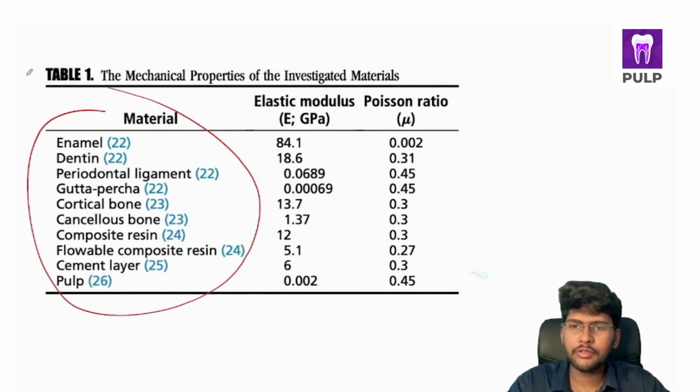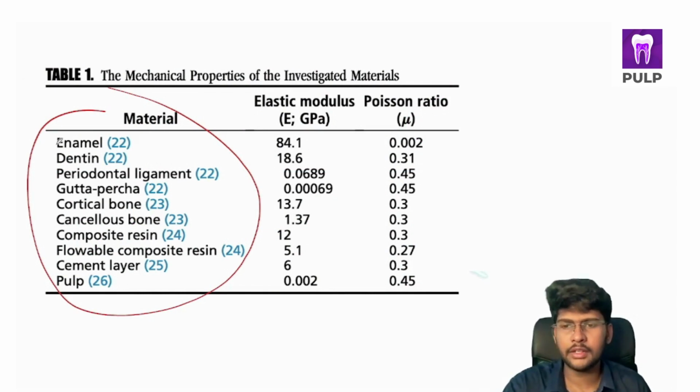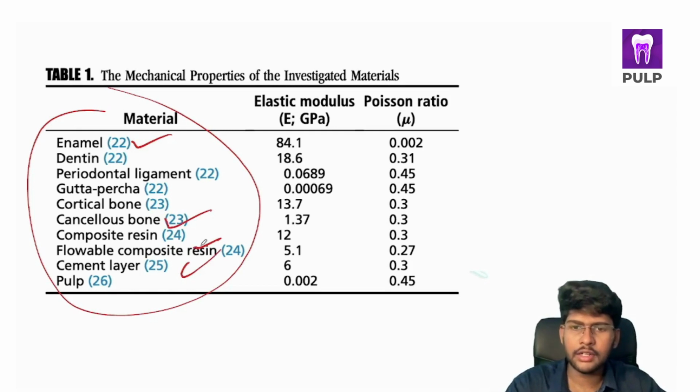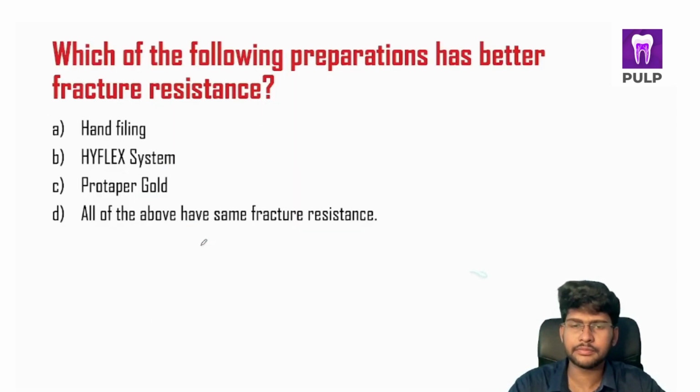Here we have a picture of the mechanical properties or the elastic modulus of different materials, including the natural and the restorative materials. Have a look at it. You can have a brief idea of the elastic modulus of different materials.